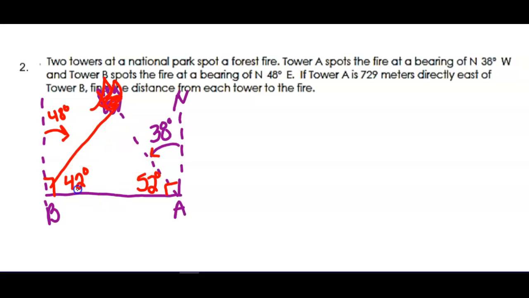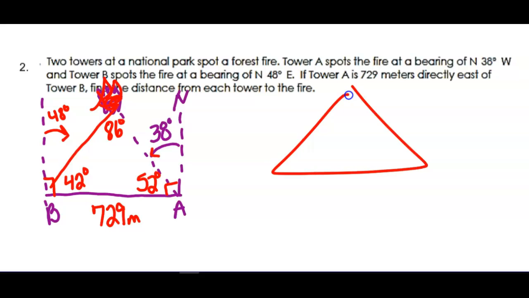So if we wanted to add the triangle up, we're at 94. So this would be an 86-degree angle up here. And this is 729 meters. So there's your triangle: 42, 86, 52, and 729.